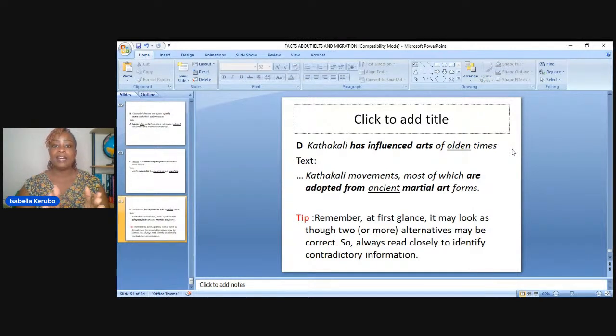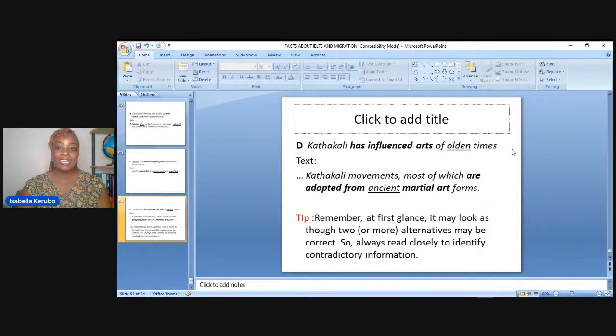So you can use either of the two ways to identify the correct answer. This is when you're dealing with multiple choice questions. You use the elimination process. Go through all the options and eliminate. There are those options that are quite obvious, and you can see this is contradicting.